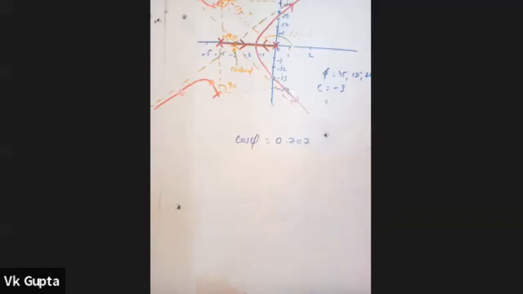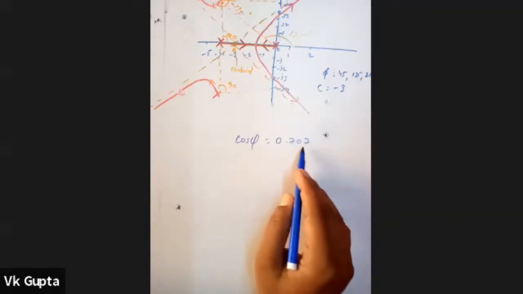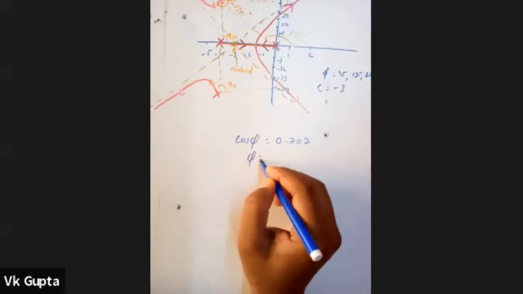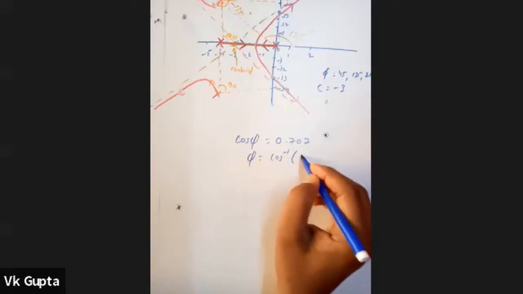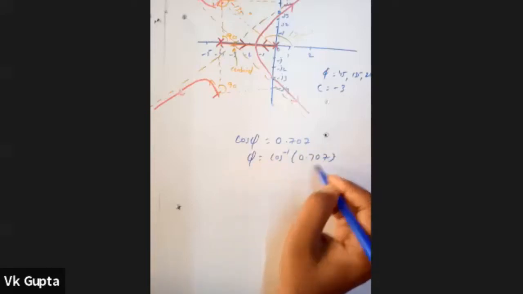So cos of phi is 0.707. This is given. Please concentrate now. Damping factor is given. Cos of phi 0.707. So phi is cos inverse of 0.707. What is the answer?